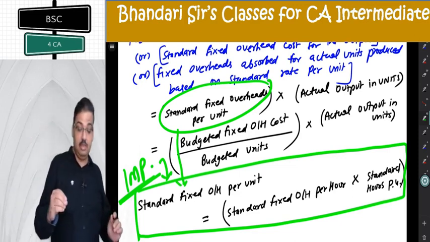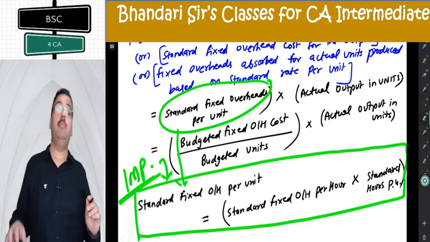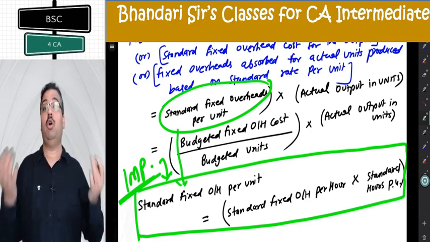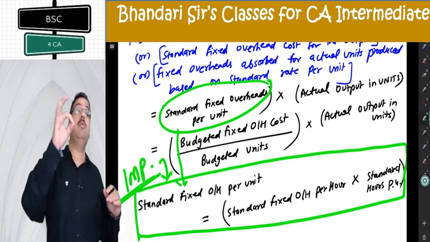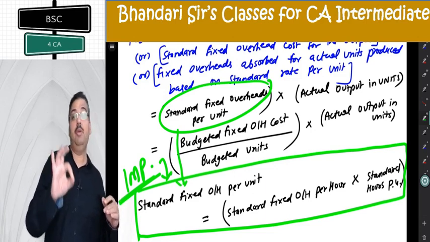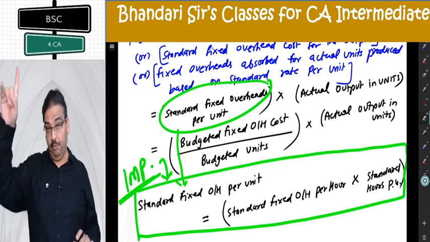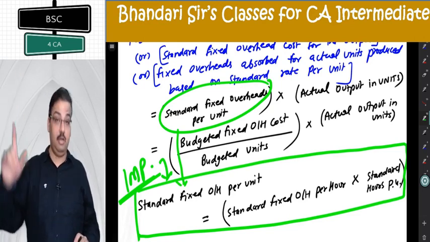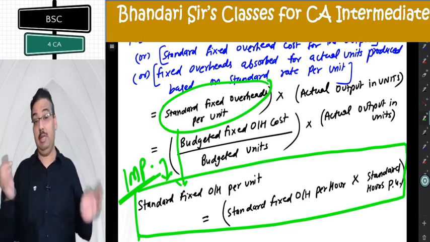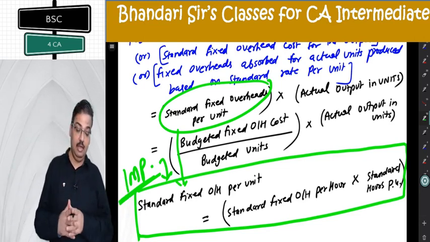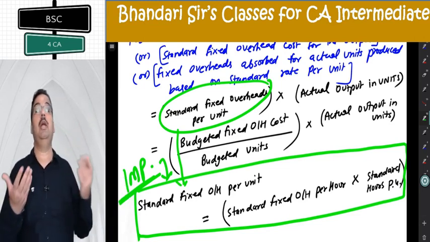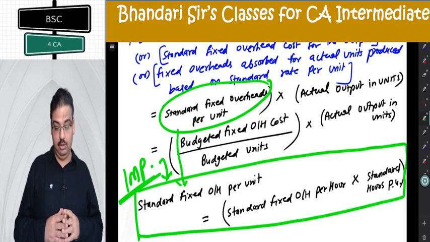So sometimes if budgeted fixed overhead cost divided by budgeted units cannot be used, the shortcut is like this. When hours per unit are given, then hours per unit are multiplied with standard rate per hour. From where to get standard rate per hour? In FO4 we computed it. Standard rate per hour multiplied by standard hours per unit gives standard cost per unit, multiplied by actual output in units.